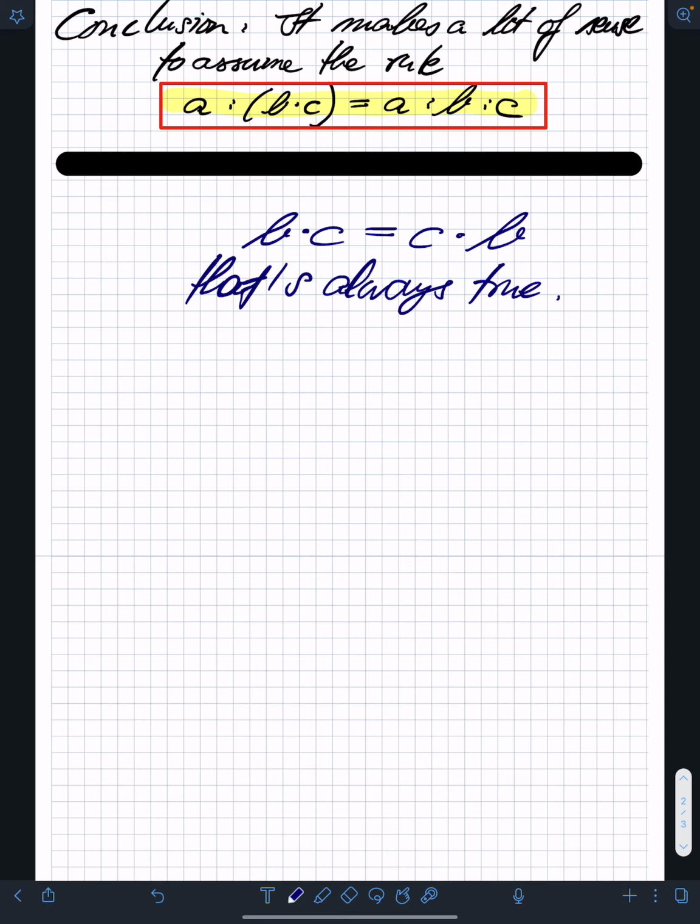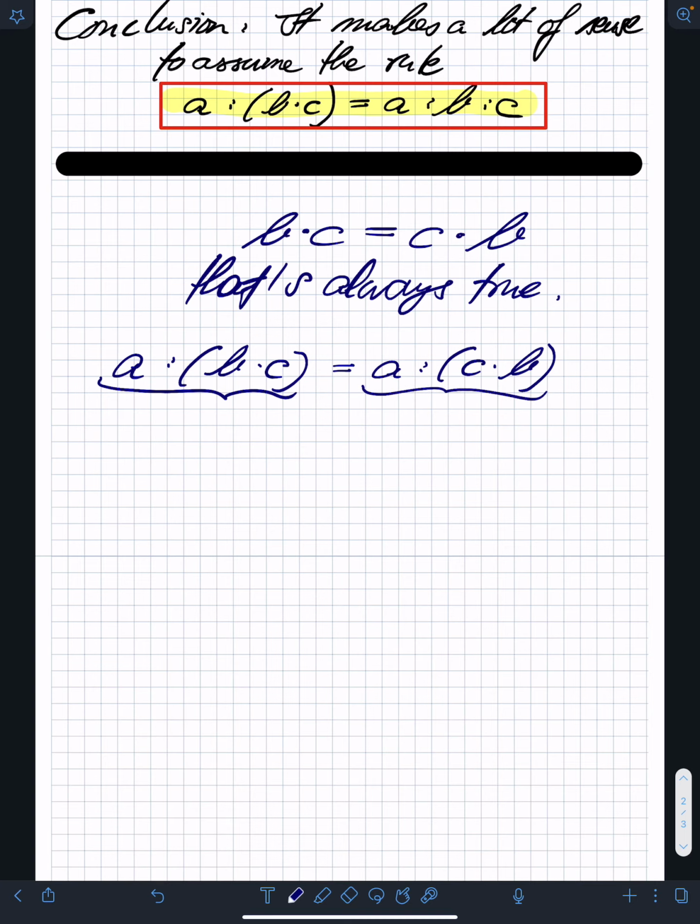Now, if we have such a thing, A divided by (b times c), then we know it must be the same as A divided by (c times b). Because these two things are the same, I can substitute b times c with c times b. That means if we now have any transformational rule how to write this without brackets, it must be applicable for this in the same way.